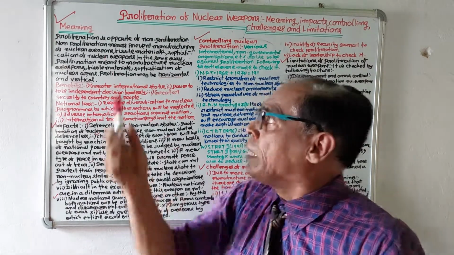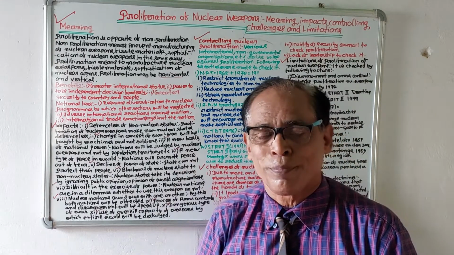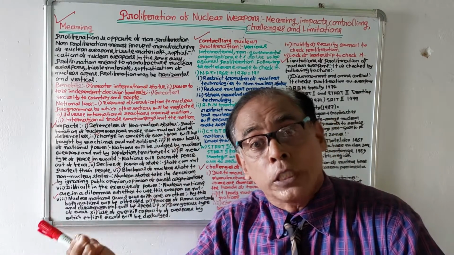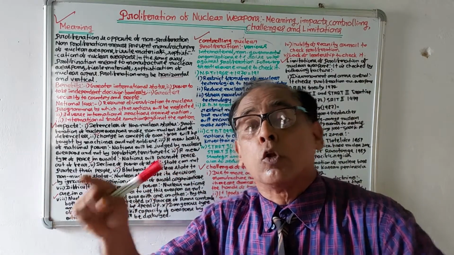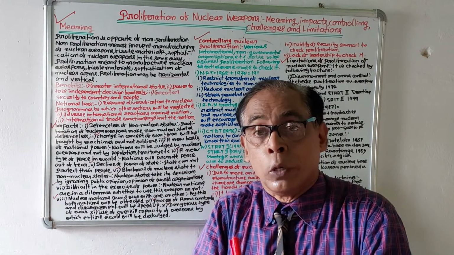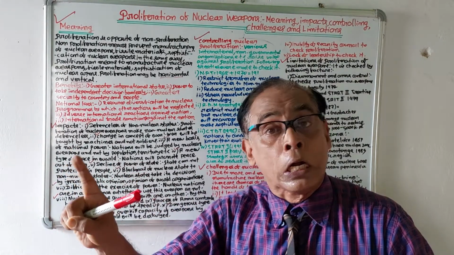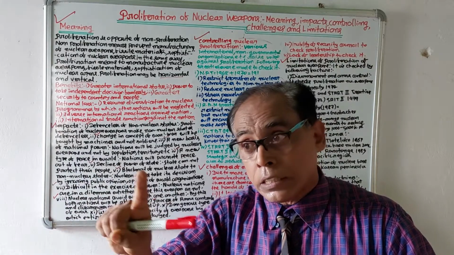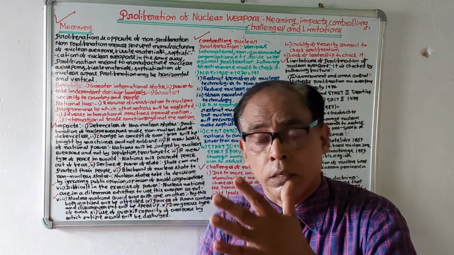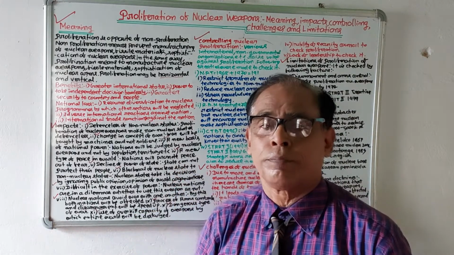Let us start. What is the meaning of proliferation of nuclear weapons? Proliferation of nuclear weapon is just the opposite of non-proliferation of nuclear weapon. Non-proliferation of nuclear weapon means preventing a nation from manufacturing nuclear weapons, from sophisticating its nuclear weapons, and from manufacturing fissile materials which are necessary to manufacture nuclear weapons.